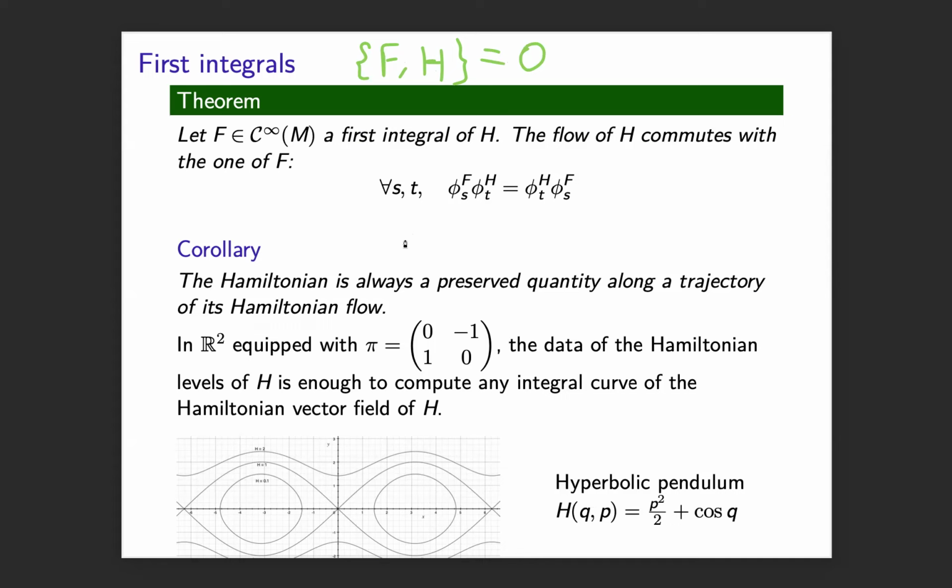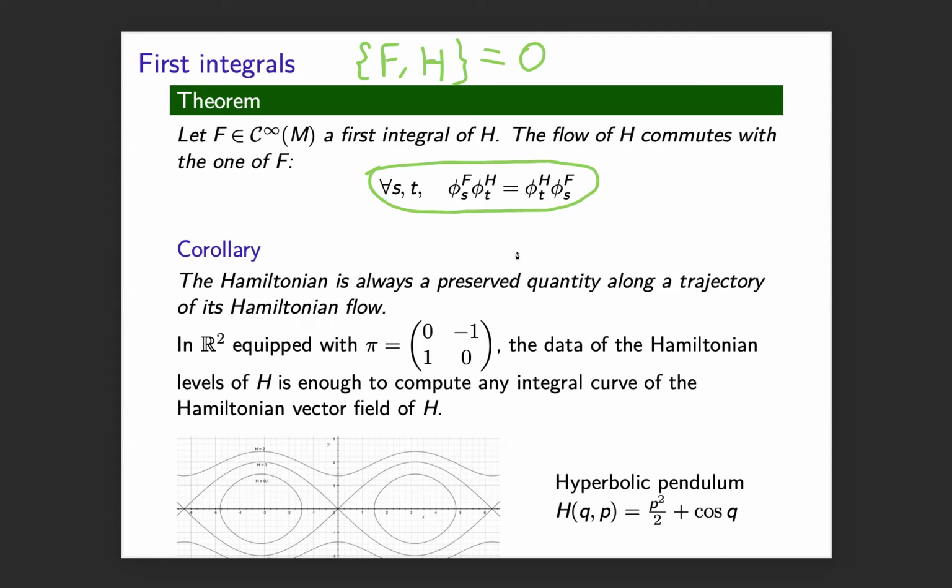So why are first integrals so important? They're important because they provide some preserved quantities along a trajectory. So if you integrate the Hamiltonian vector field of F and the Hamiltonian vector field of H, they verify an interesting relation, meaning that they commute.